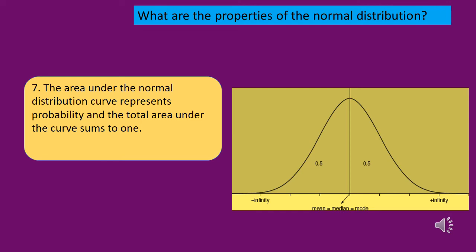If we add those together, the sum is 1. Then the total area under the curve sums to 1. That is another characteristic. You can understand that 0.5 plus 0.5 equals 1.